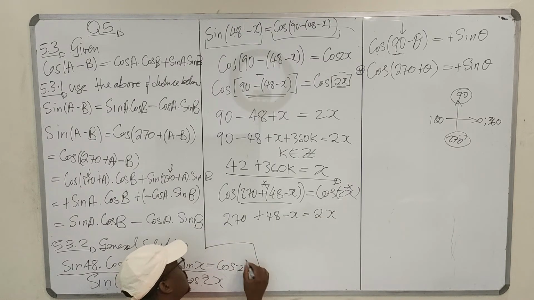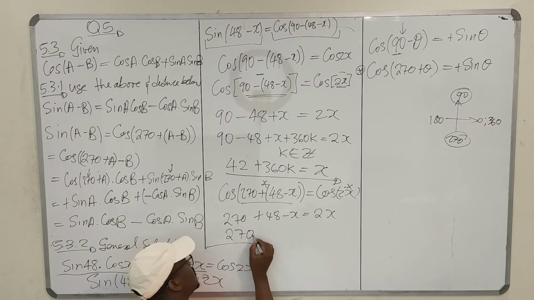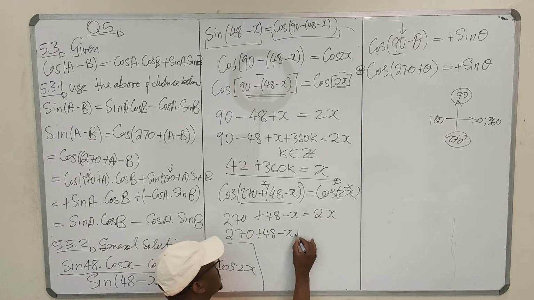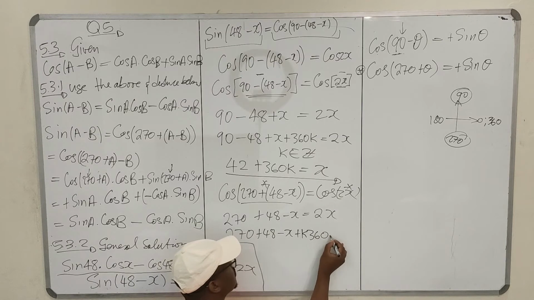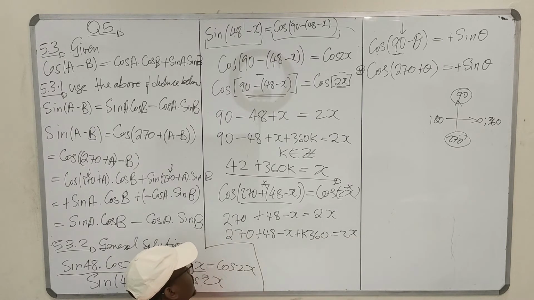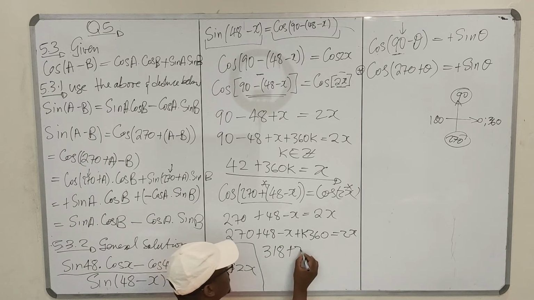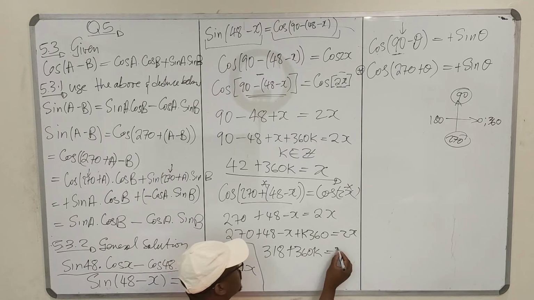But because you want the general solution, 270 plus 48 minus x plus k 360 is equal to 2x. So your 270 plus 48, this is 318, plus 360k is equal to 3x.